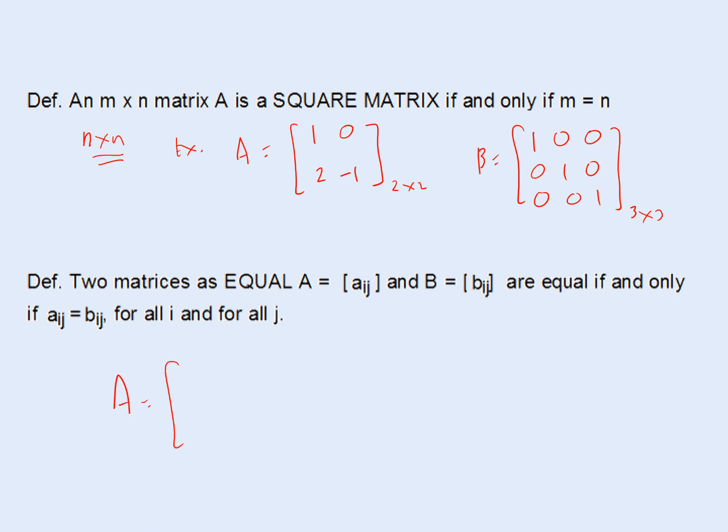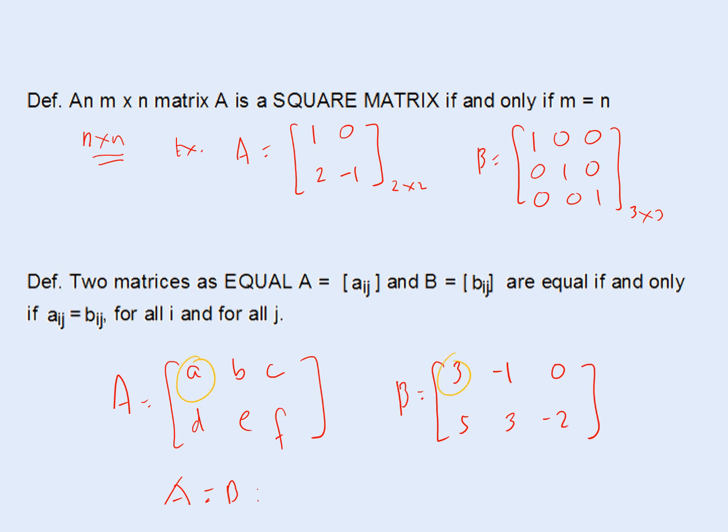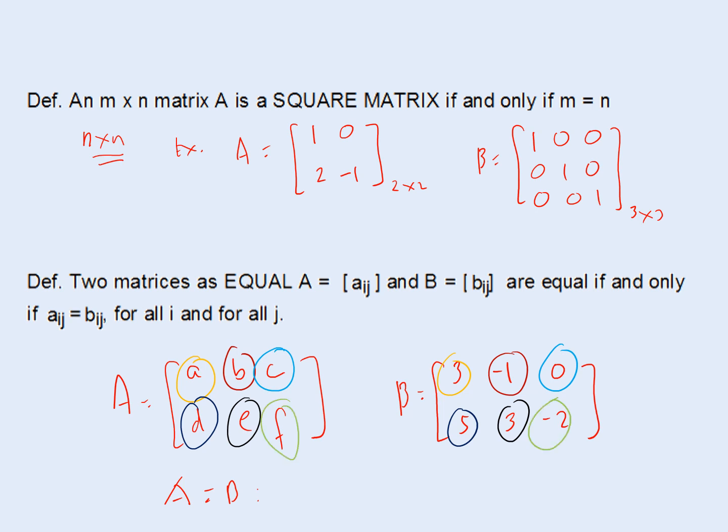So matrix A with elements a, b, c, d, e, and f, and matrix B with elements 3, -1, 0, 5, 3, -2 are said to be equal if and only if the corresponding elements are equal, meaning a is equal to 3, b is equal to -1, c is equal to 0, d is equal to 5, e is equal to 3, and f is equal to -2.